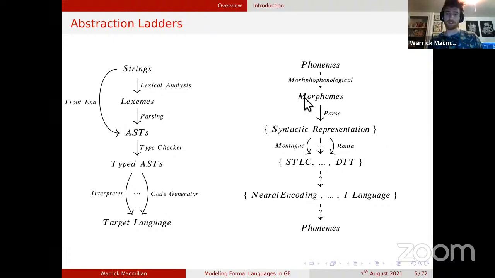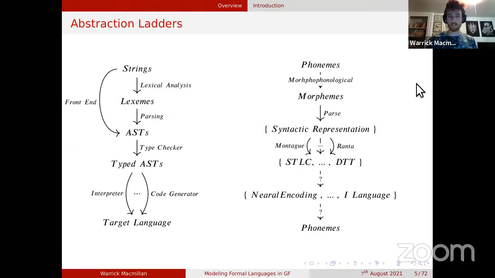So on the linguistic side, you're going to go from phonological phenomena, so let's just say phonemes, and then you're going to have morphemes. Then there's some kind of syntactic representation. Let's just say that's due to Chomsky, and that bled into the programming language community.